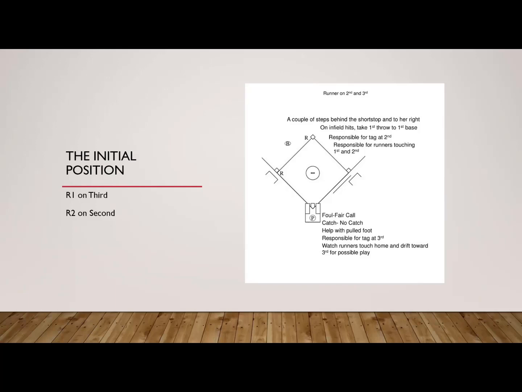And then you can surely go to your home plate umpire asking for assistance on a pulled foot, because a pulled foot, if it's going to occur anywhere, will probably occur in that situation because your first baseman's going to want to get off that base quick, trying to maybe make a throw home. So as a base umpire, at times you may have to come home and ask for assistance on a pulled foot.